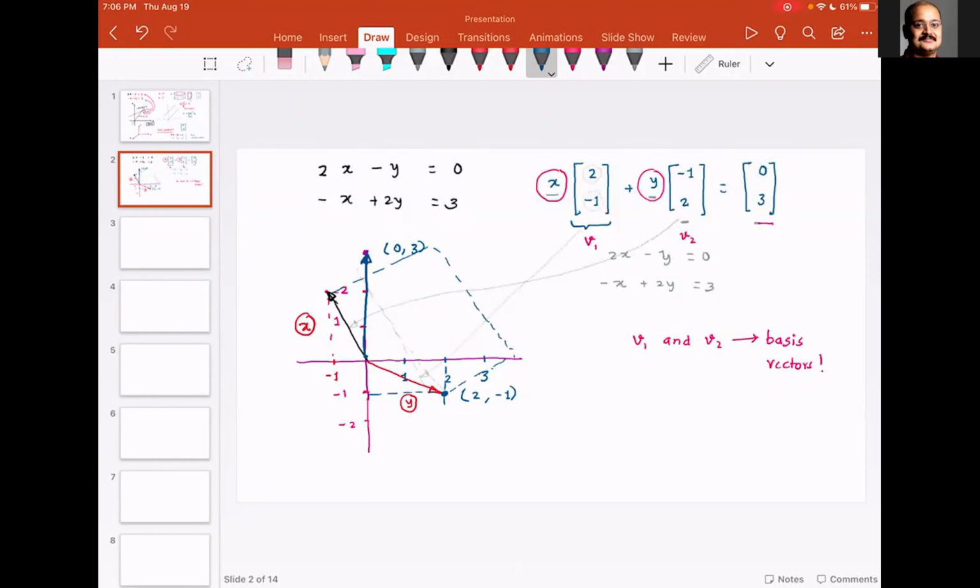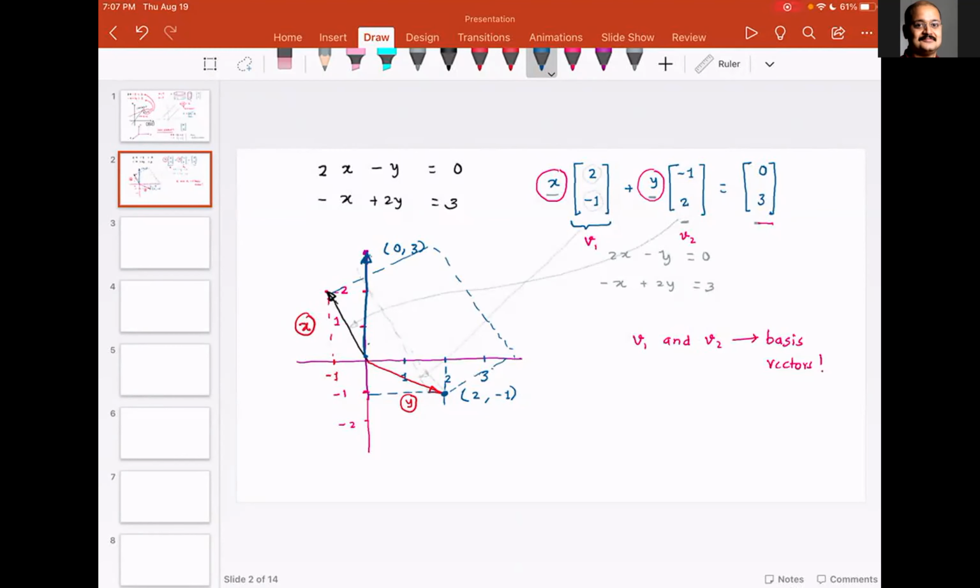This is the plane that is spanned by two vectors. As long as this resultant vector, which is 0, 3, is on that span, you have the solution. Does it make sense?